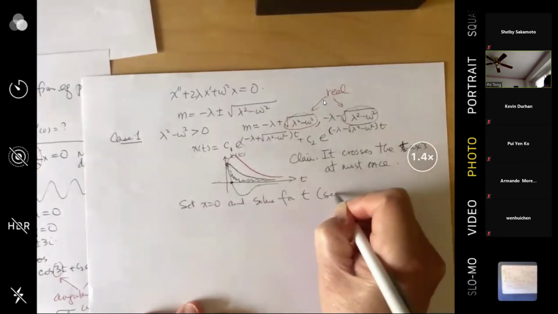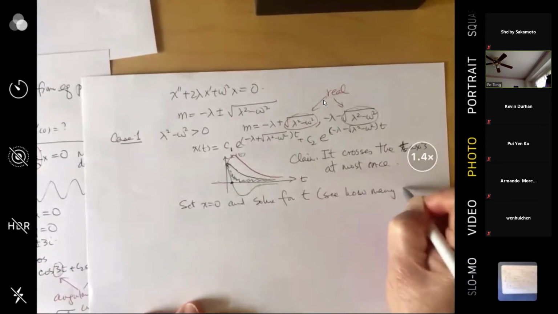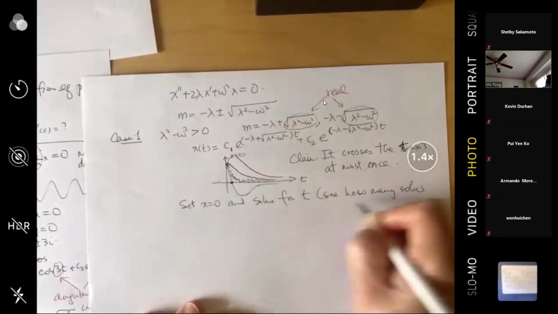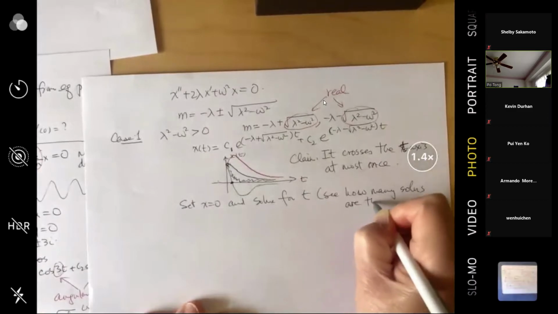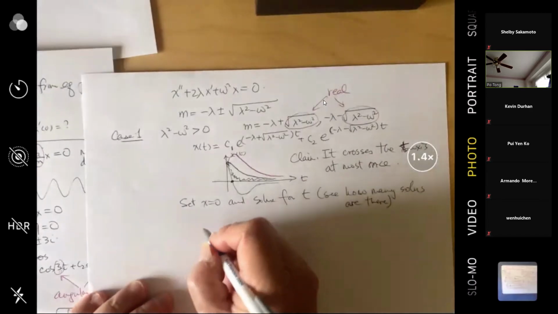And see how many solutions there are. Okay? So I'm going to go ahead and do that. I'm setting x of t equal to 0.